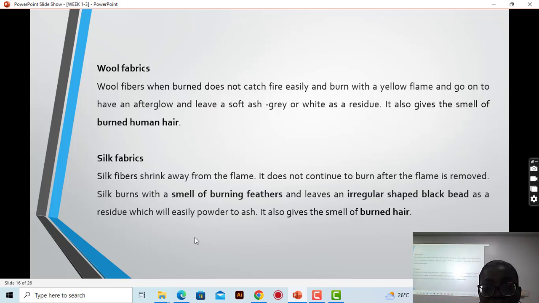So silk burns with a smell of burning feathers. Those of you who don't know how burning feathers smell, do you know what it means? It means that you have never experienced where they have killed a live fowl or bird, any type of bird, before and prepared it live in front of you and you have eaten before.